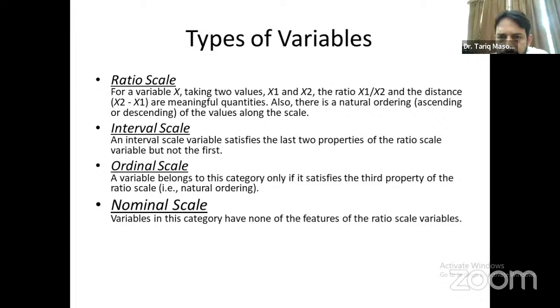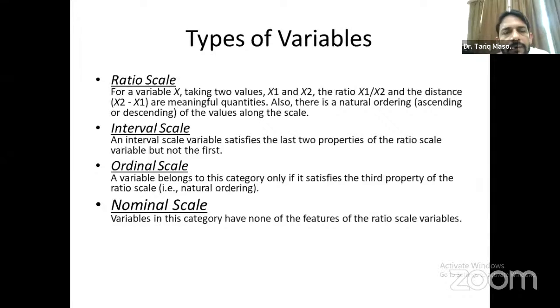So the ratio is meaningful and the distance between 2 points is meaningful. Further, there is a natural ordering of values along the scale. So for any quantitative data like GDP, inflation, all those variables satisfy these criteria. x1 by x2 is meaningful, distance is meaningful, and there is a natural ordering in the data.